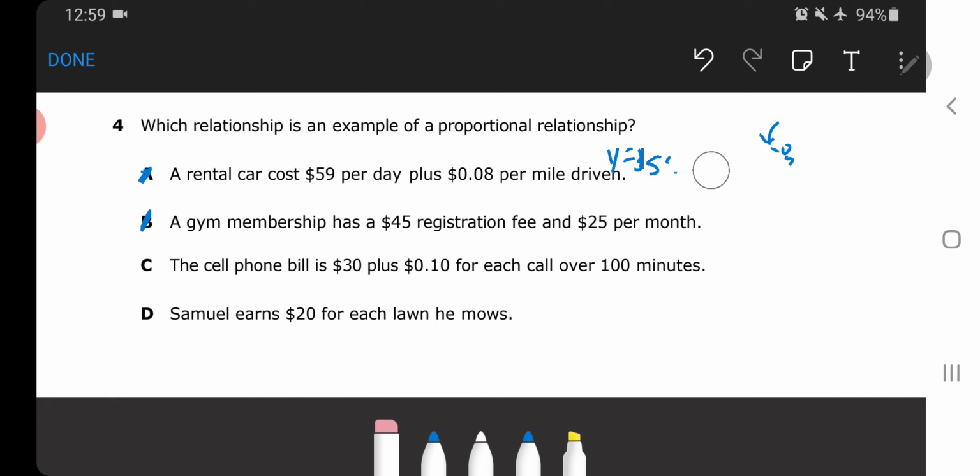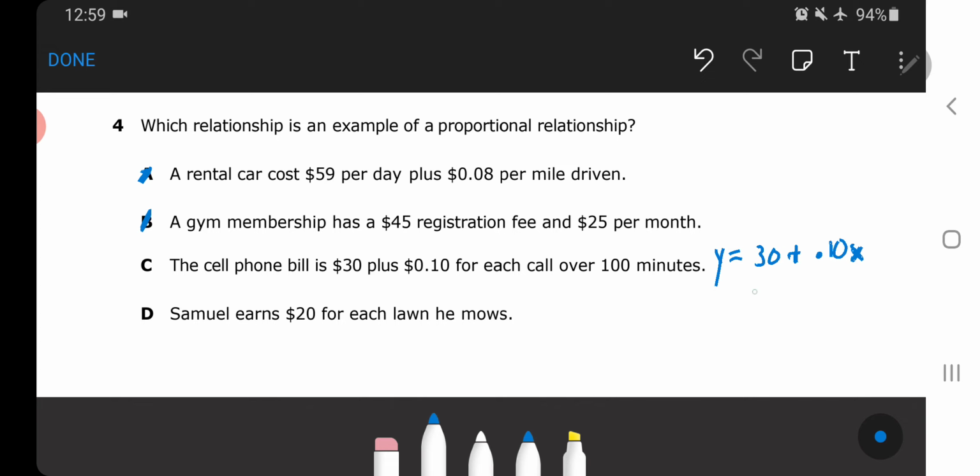Looking at answer choice C, it says a cell phone bill is $30, plus 10 cents for each minute over 100 minutes. So after 100 minutes, our equation would be, let's call it X per minute.